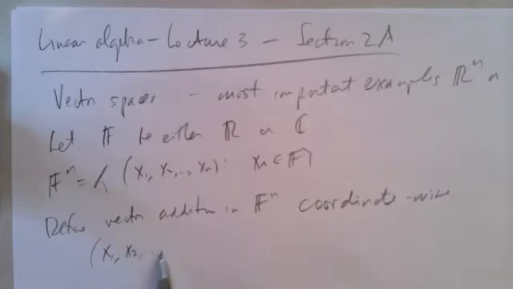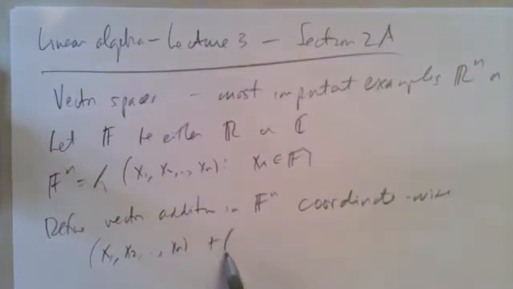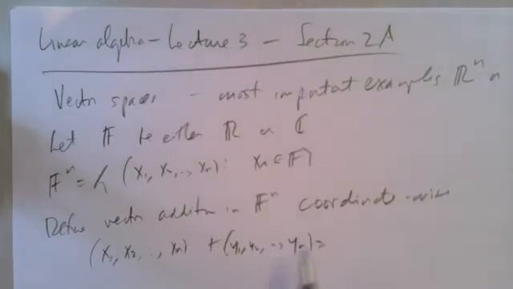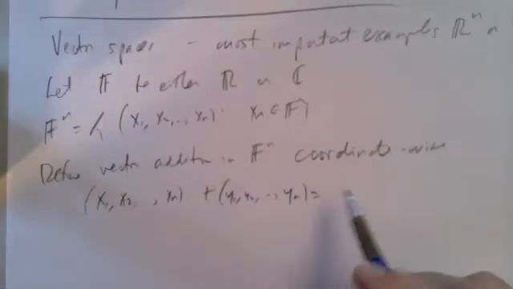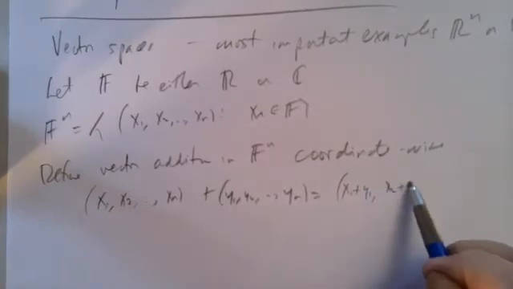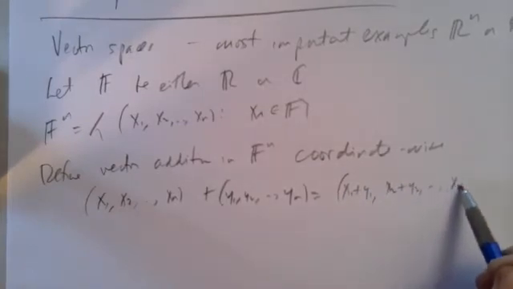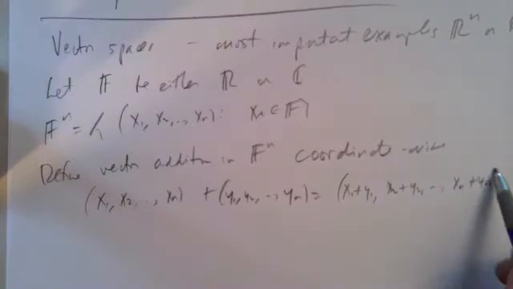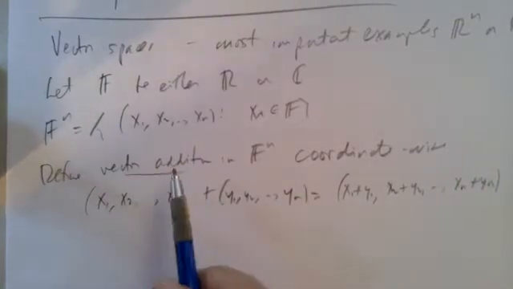x1, x2 up to xn plus y1, y2 up to yn. If we add two n-tuples, we have to get another n-tuple. You add the first coordinates, the second coordinates, and so forth, up to the nth coordinate. That's the definition of vector addition.